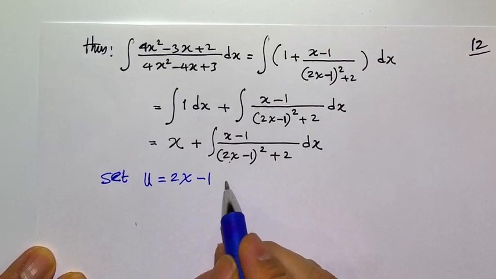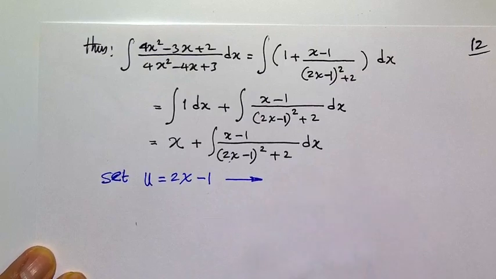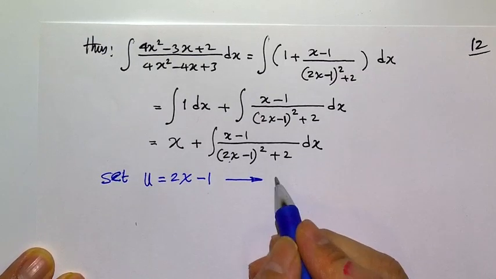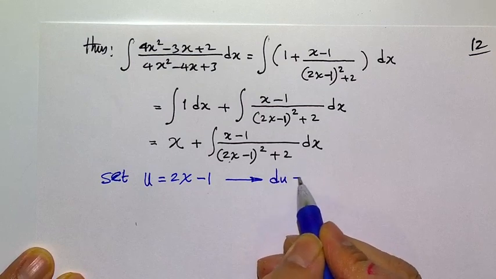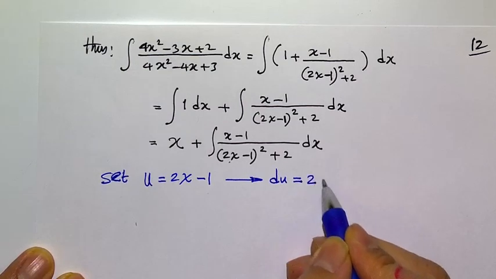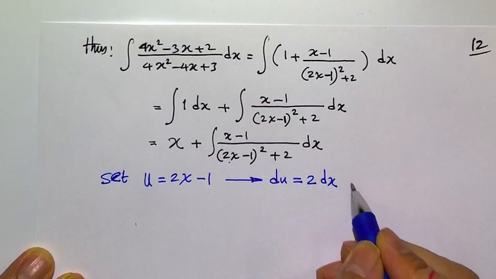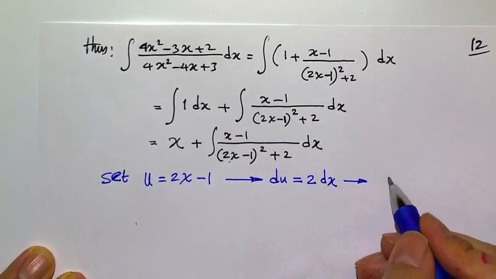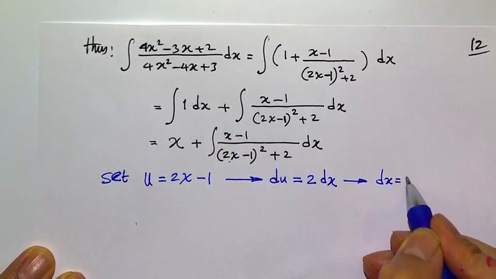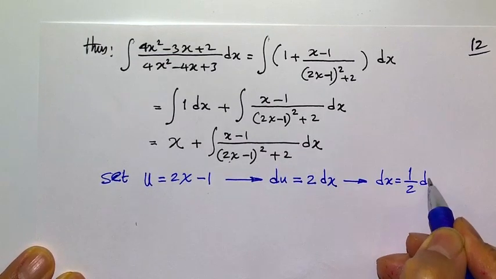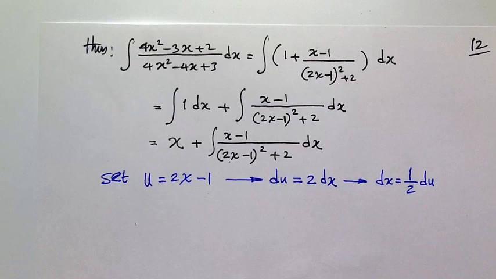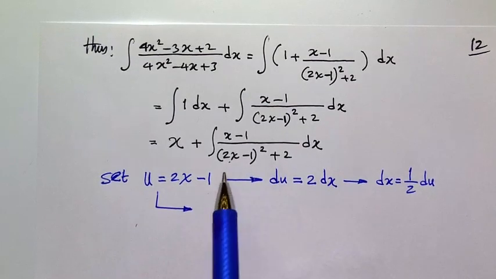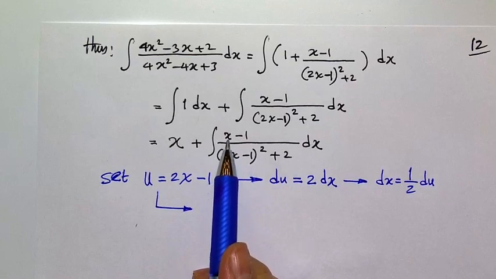So we're using substitution, which we learned a little bit earlier. If we take the derivative of both sides, we get du equals 2 dx, which means dx would be equal to 1/2 du, right? So dx equals 1/2 du. And at the same time, from here, we can get a replacement for x.